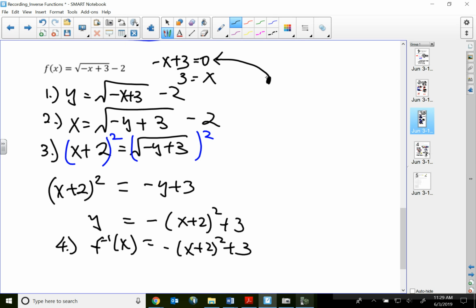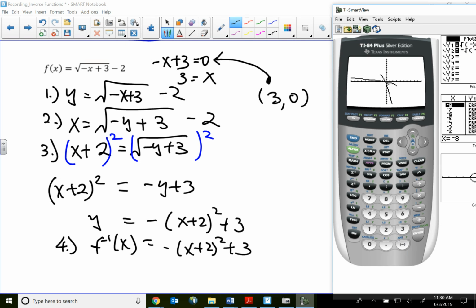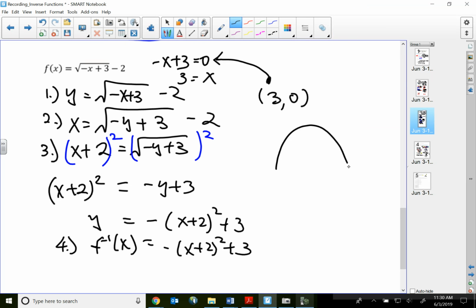Since my parabola is going to the left, my endpoint, from left to right, is at 3, 0. So when I draw my parabola, see this square root right here? It was a whole entire parabola, right? But my inverse did not show half of these.